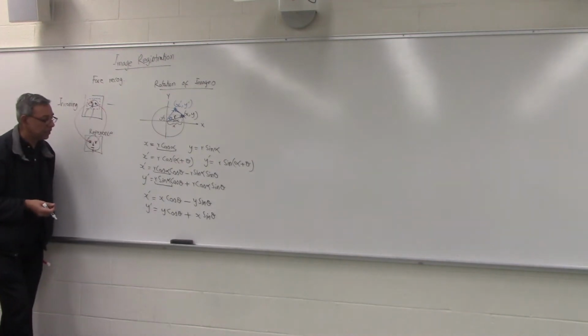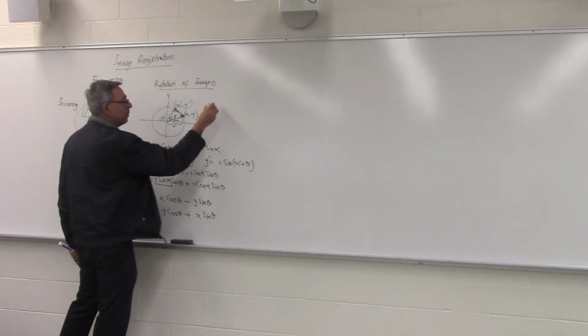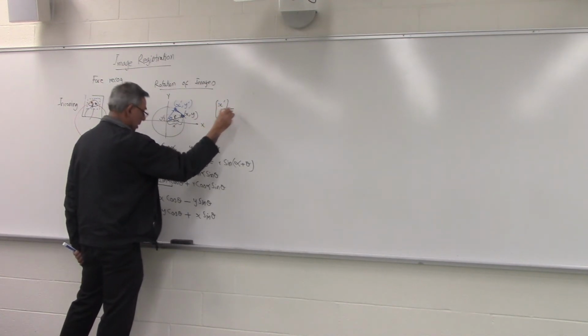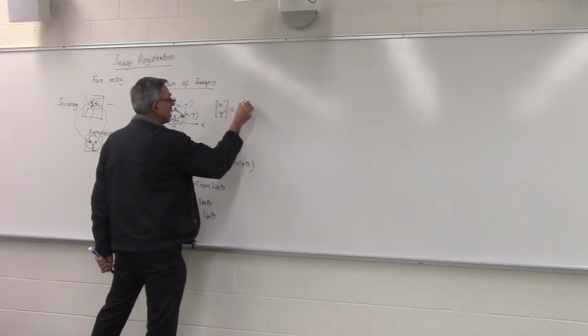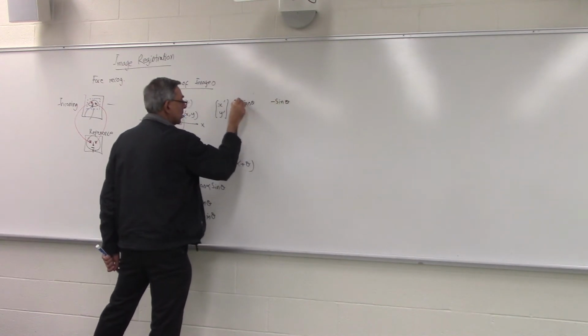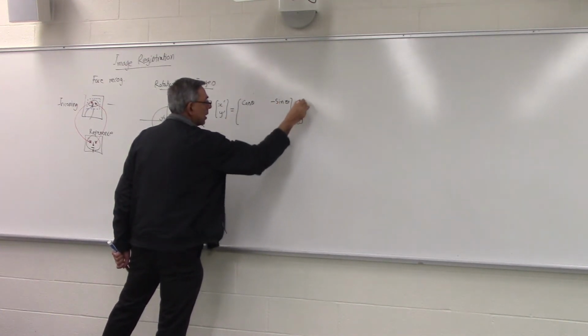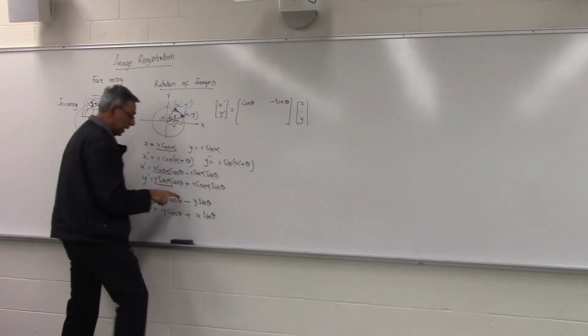Okay, so anyway, now let's try to write it in matrix form. In matrix form, x prime, y prime. If I write the first equation, this will be cosine theta, minus sine theta, times x and y, right? So x cosine theta minus y sine theta.